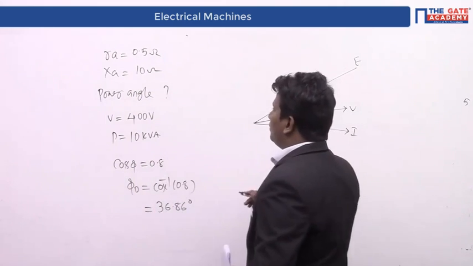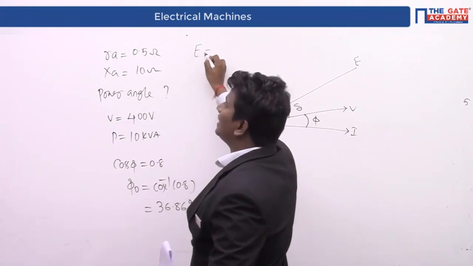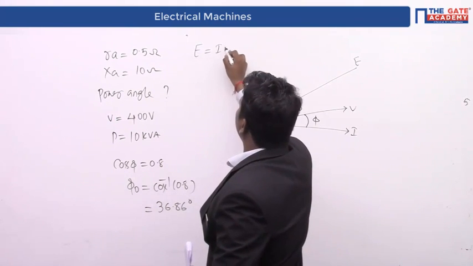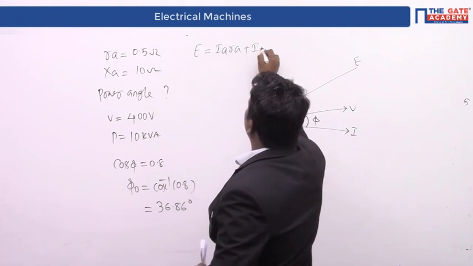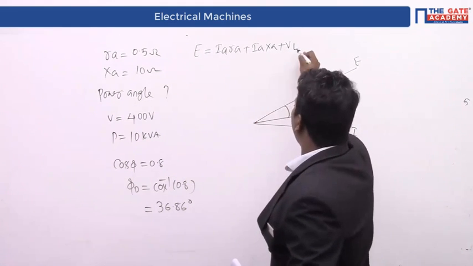So as we know, what is the voltage equation for the alternator? E is equal to IA RA plus IA XS plus load voltage VL, or you can write VT.